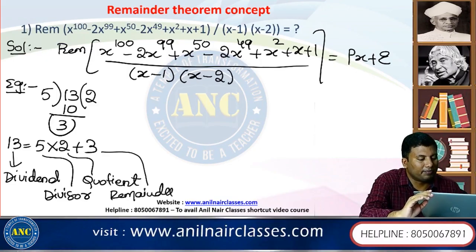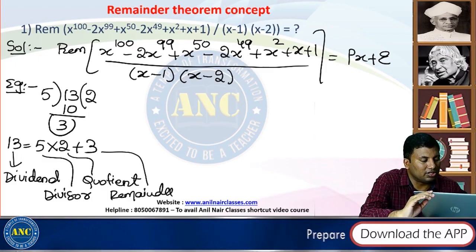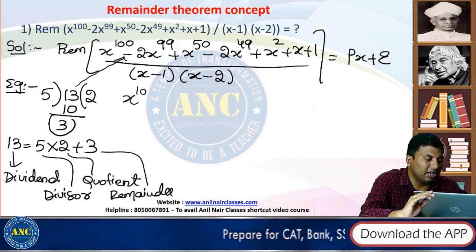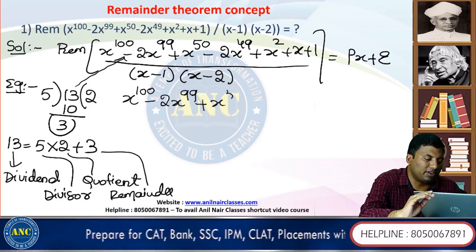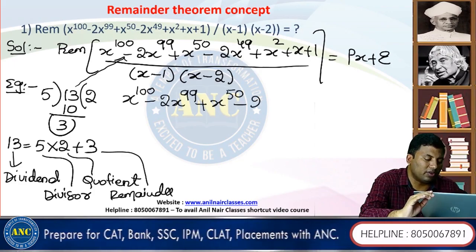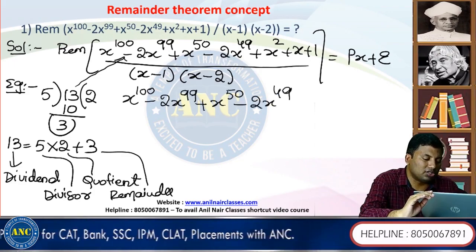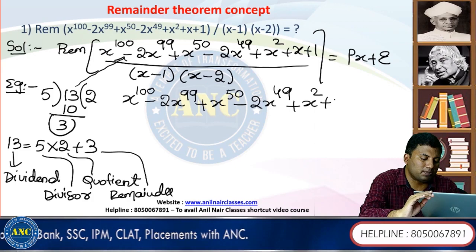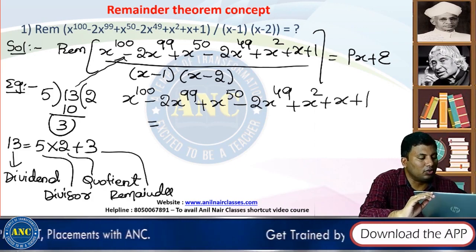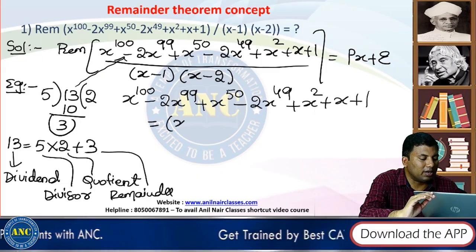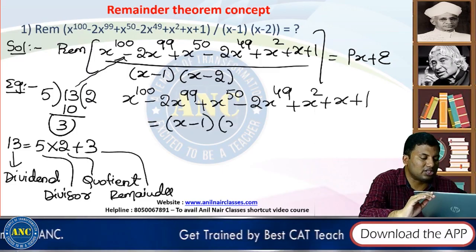Same thing. Instead of 13, the dividend is x power 100 minus 2x power 99 plus x power 50 minus 2x power 49 plus x square plus x plus 1. The divisor is x minus 1 into x minus 2.